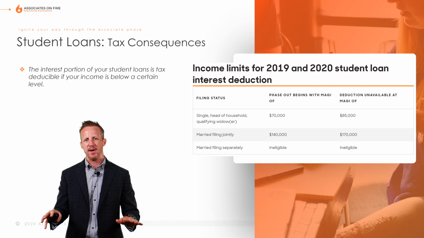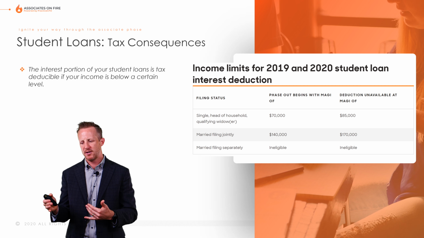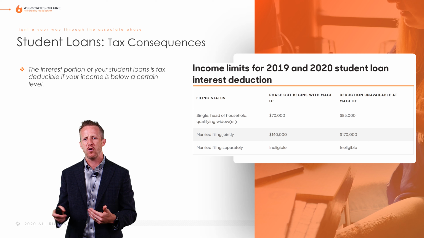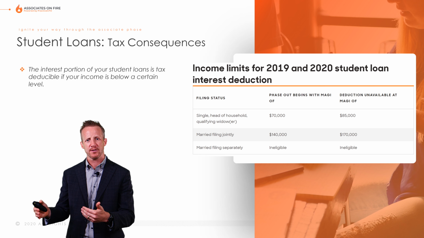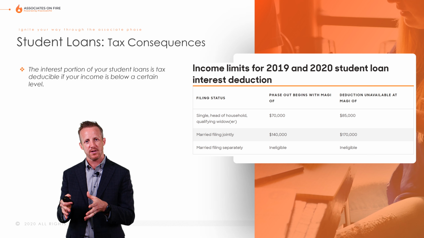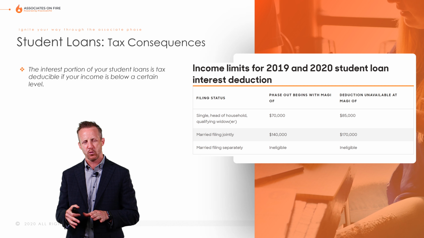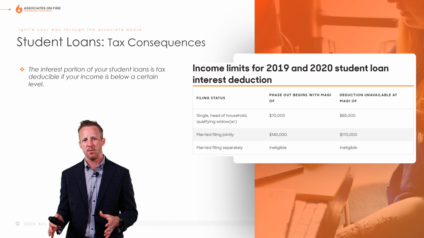We spoke about married filing separate under the different types of IDR plans, and how under the Pay As You Earn option, you can file your tax return separately from your spouse, married filing separate, and not have to include your spouse's income when calculating your 10% income for determining the cap on your payment. With REPAYE, however, no matter how you file, you're always going to include your spouse.